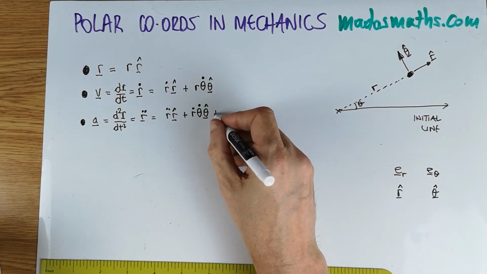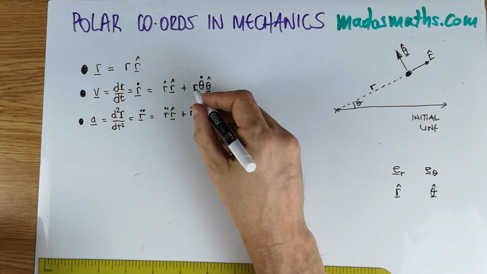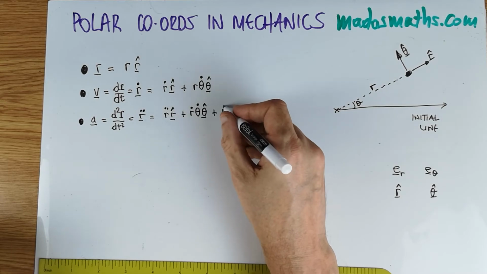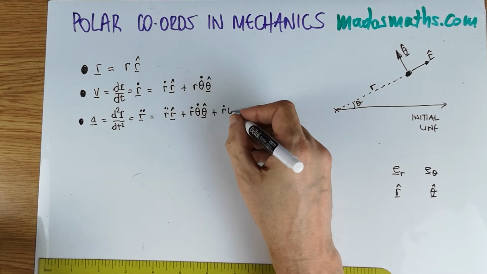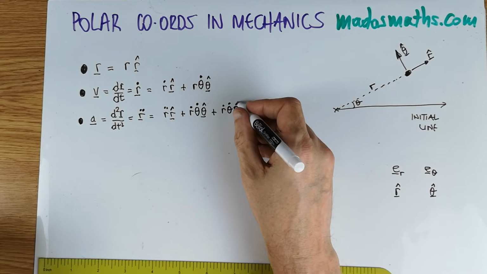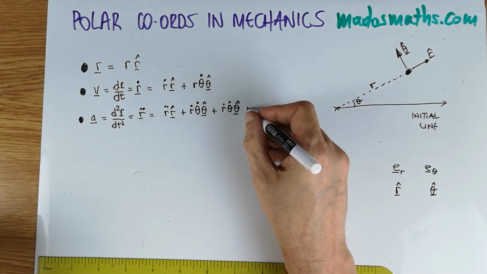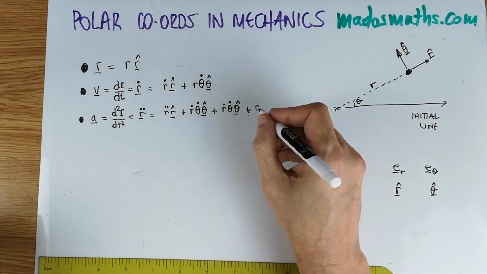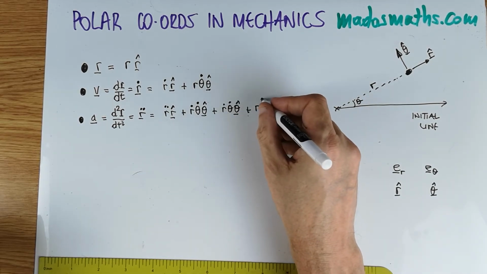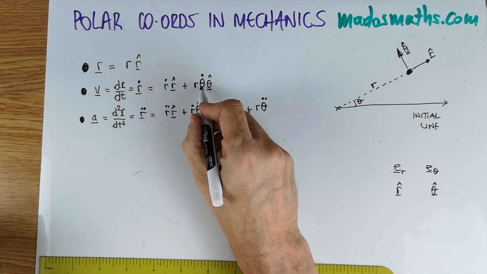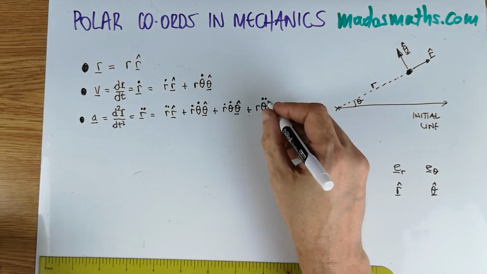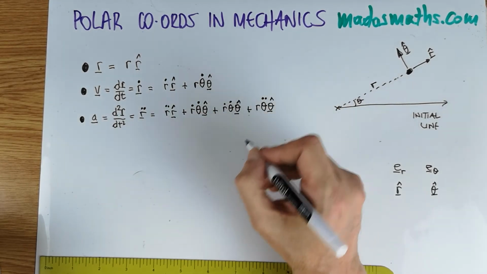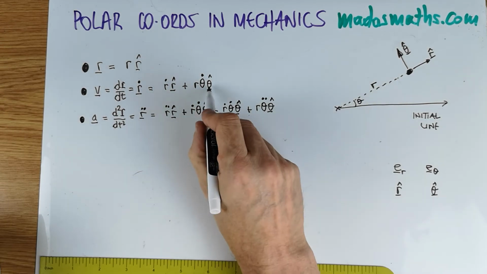Now we've got a triple product. It works exactly the same way if you haven't seen the triple product rule. Differentiate the first bit, r dot. Leave the other two bits alone, theta dot and theta hat. We go into the next bit. Leave the first bit alone, r. Differentiate the second bit with respect to time, theta double dot, another differentiation, and again in the theta hat direction. And now we have to differentiate the vector there.